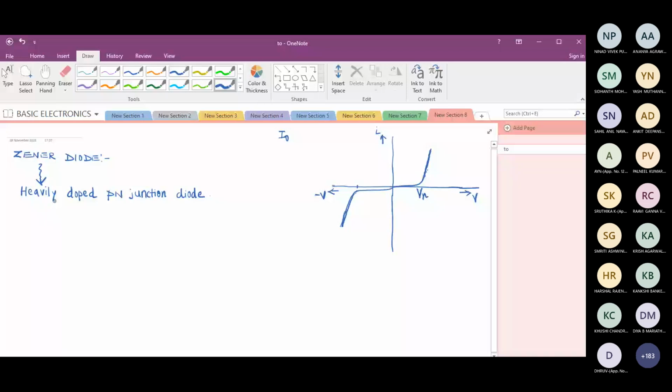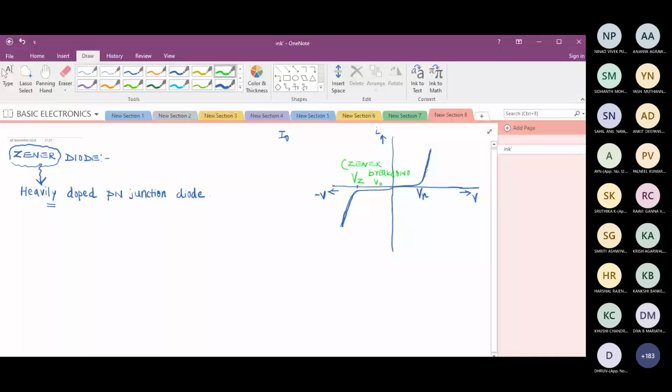So this Zener diode under forward bias condition behaves as an ordinary diode, but under reverse bias condition it conducts at a particular voltage. And that particular voltage we call VZ, which stands for Zener breakdown voltage.